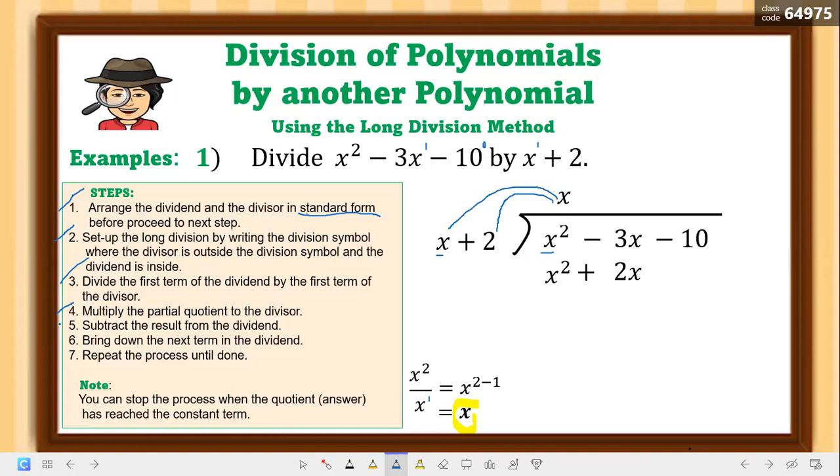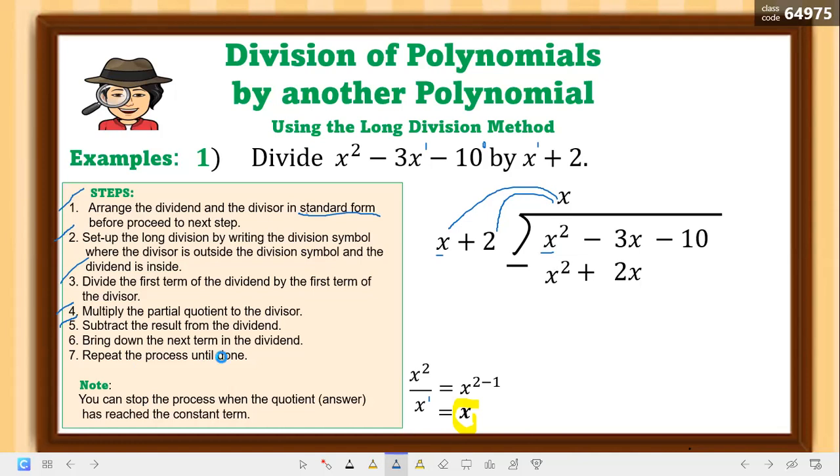Tsaka mo ngayon, anong gagawin natin dyan after you multiply? Step number 5, pakibasa nga natin. Subtract the result from the dividend. Yes, isa-subtract natin yan. Okay, but first, remember, kapag nag-subtract tayo, meron tayong babalikang konsepto, no?